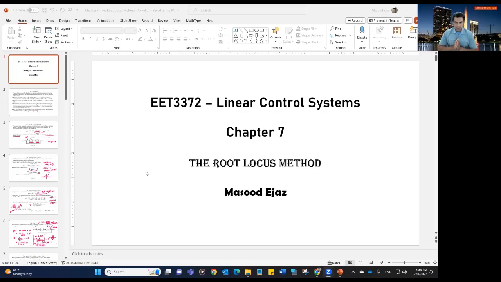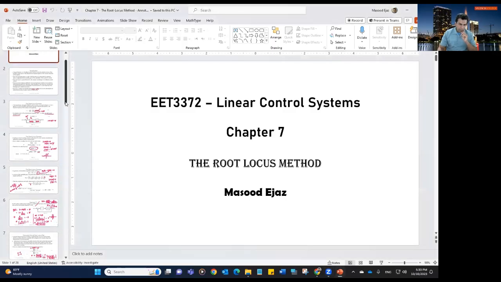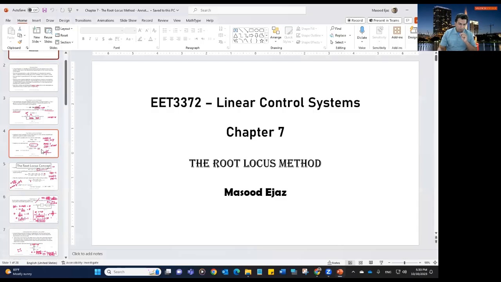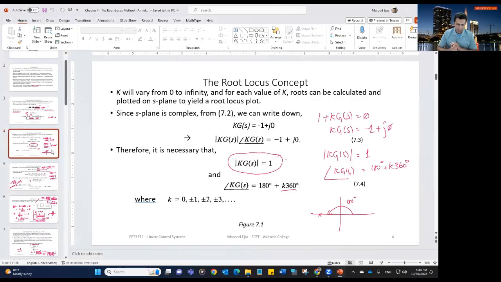So we are still discussing chapter number 7, Root-Locus method. We discussed last week what Root-Locus means. It is basically the collection of all the roots of the denominator of your transfer function, what we call the characteristic equation, if the controller gain is changing.